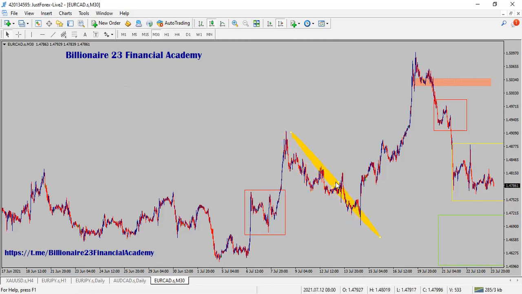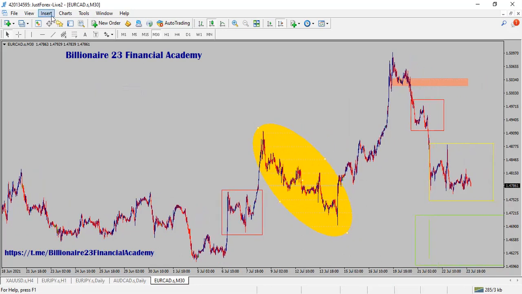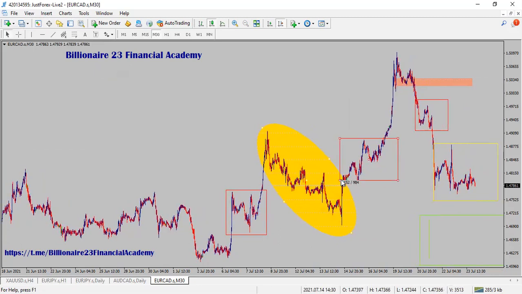Market phases come in different shapes. This entire section would be phase two. And then we have phase three, which would be here. Not counting this section, this would be phase three.